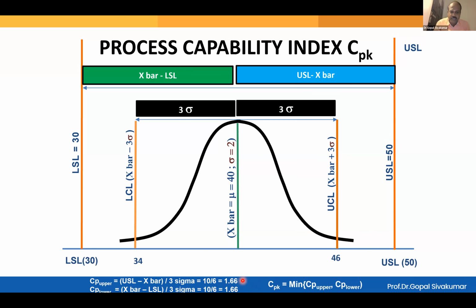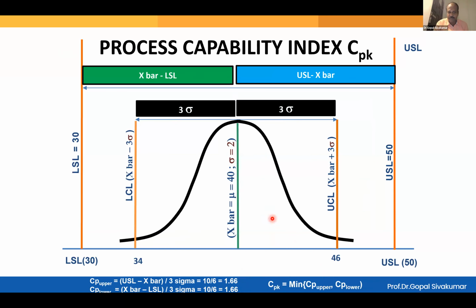That means I can take the minimum of the two. Since both are equal, the minimum is also 1.66. Now CPK is 1.66. Whenever you get CPK minimum 1.67, you can understand your process is capable, right? Don't look at CP, look at CPK. Now see here, I'm going to shift this process.